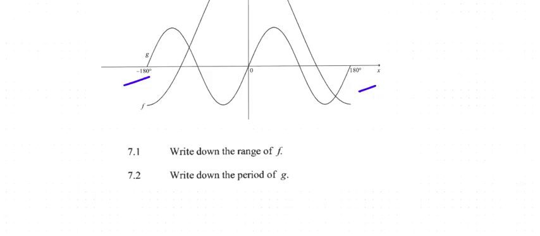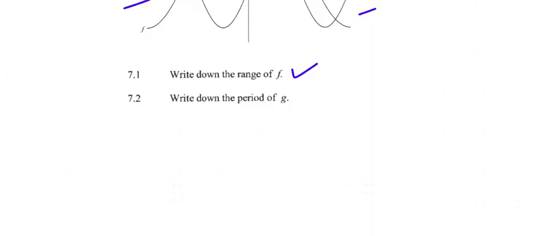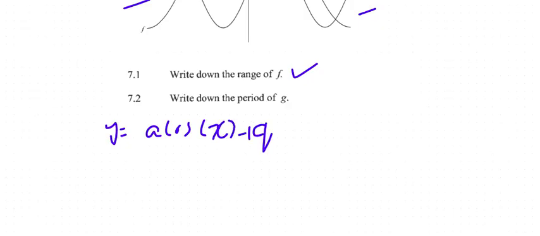We recall the general cosine function y equals a cos x plus q. The range depends on the amplitude, a equals 2, and the vertical shift, q equals 1. What are the minimum and maximum values of cos x?